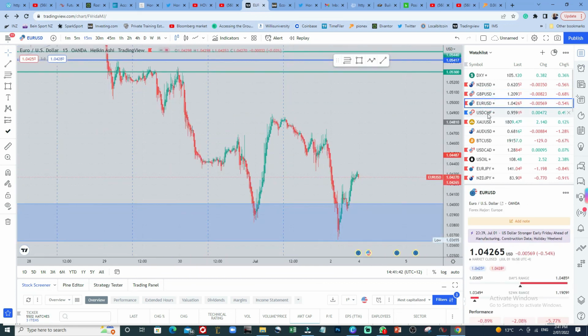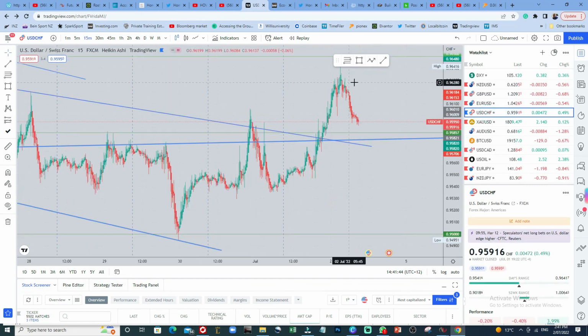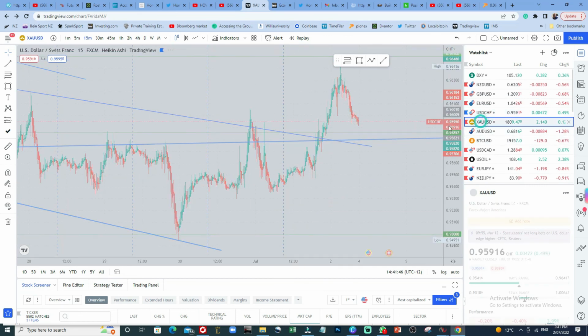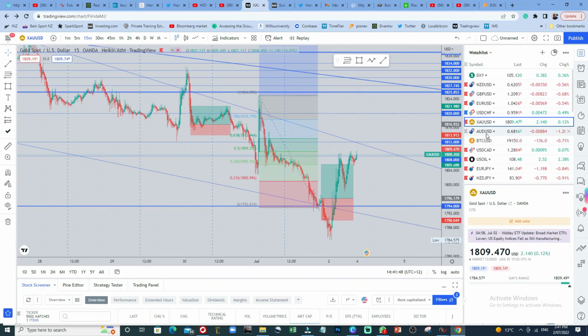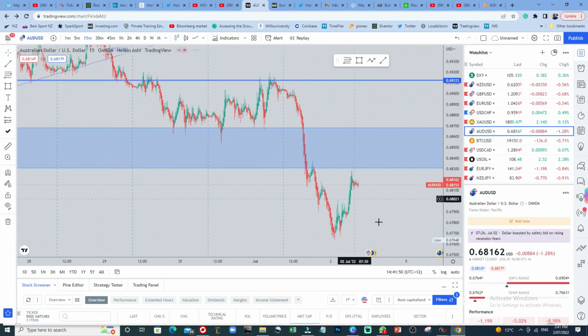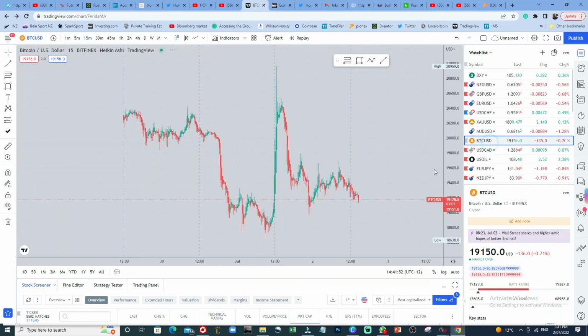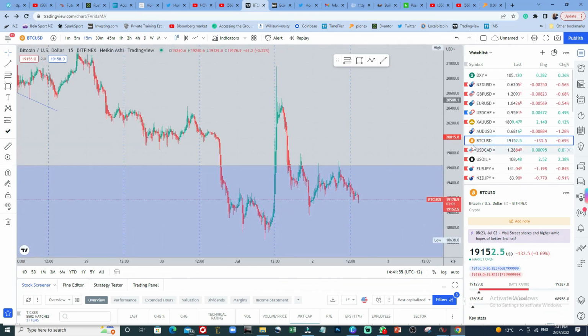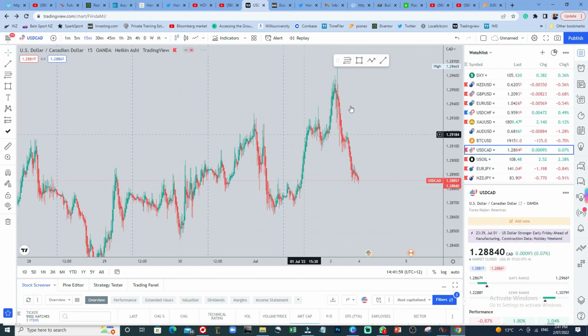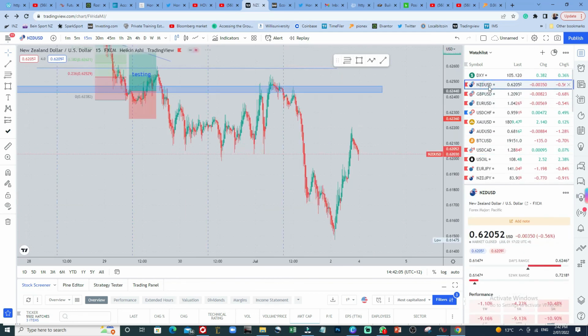This one will be up, upward trend. Gold will be down, downward trend. AUD/USD, downward trend. BTC, of course, it has been a downward trend, and it's even more downward. USD pairs here will be upward trend. You see, upward trend. You understand?